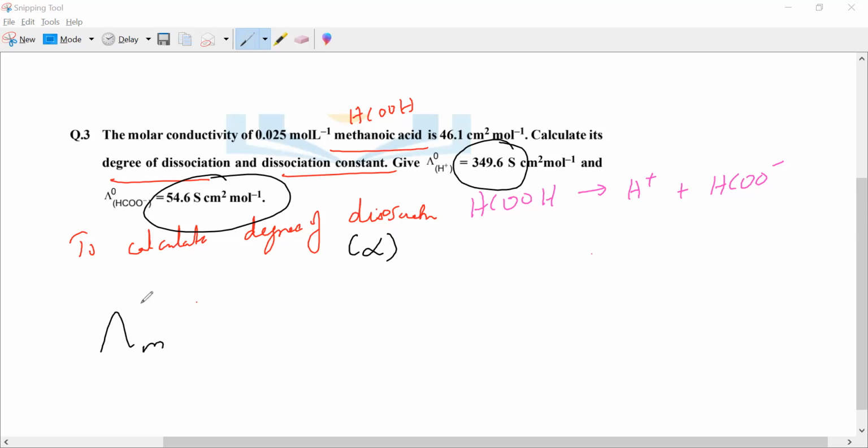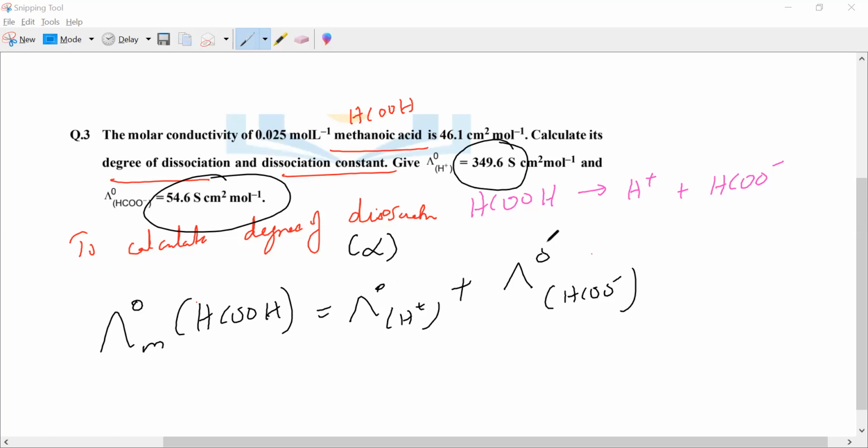The limiting molar conductivity at infinite dilution of HCOOH is equal to the same thing, of H+ and what is the other one? HCOO-. So if I want to add these two things, what will I get? 349.6 plus 54.6. I should add the two things. I'll be getting 404.2. Correct?